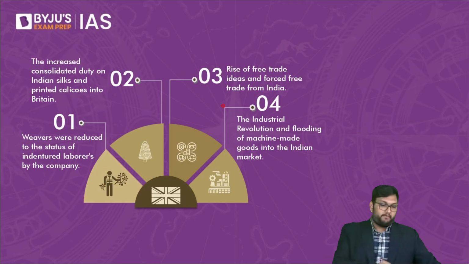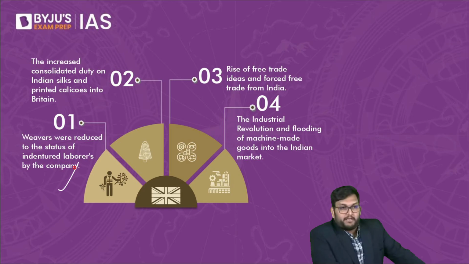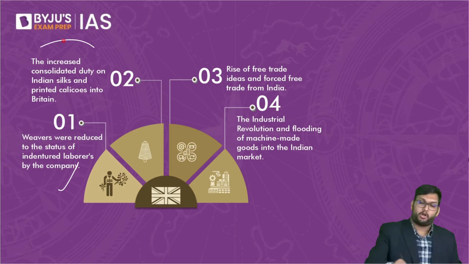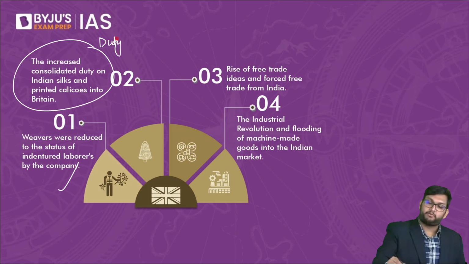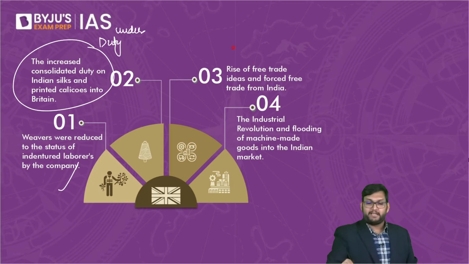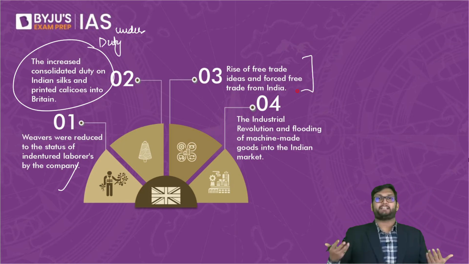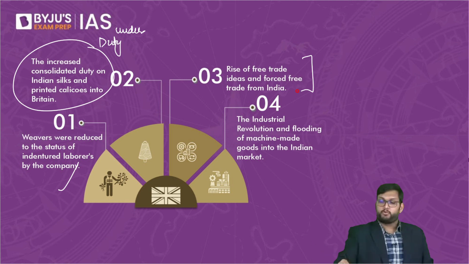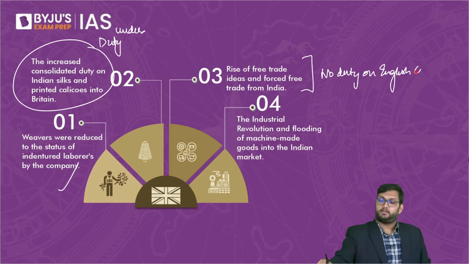So weavers were reduced to the status of indentured labor. They increased consolidation duty on Indian silk and calicos in Britain, which is that Indian cloth was always under duty. Free trade ideas were forced onto India, that India should open up. There should be no duty on English cloth, but duty on Indian cloth.